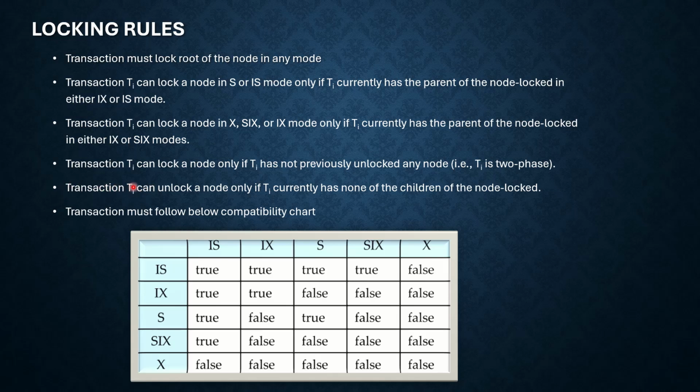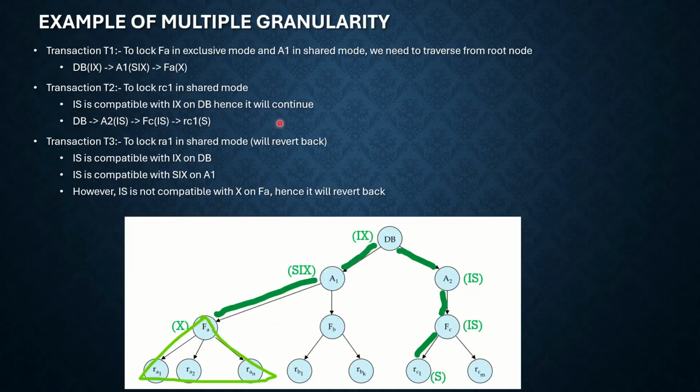Either it can only put locks, or it can only remove locks; it cannot do both. In the first phase it puts locks on all the data items it needs to lock, and in the second phase it removes all the locks from the data items. So these were the simple rules.